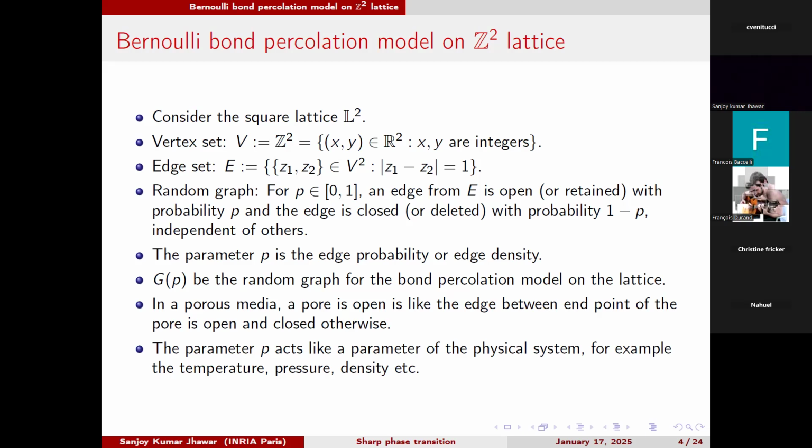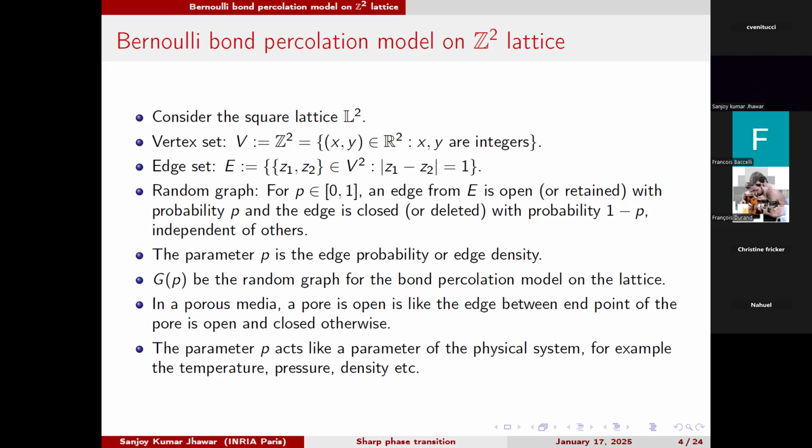Let's say in some physical system where temperature is a parameter, for example a fluid, if you increase the temperature, the fluid will go from liquid state to gaseous state. If you cool it down, the fluid will turn to a solid state. So there is a critical temperature below which it is solid, above which it is liquid, and another critical temperature above which it is gaseous.